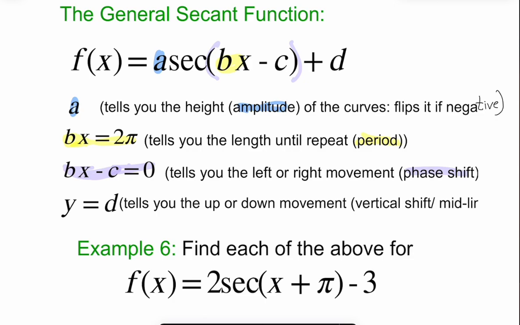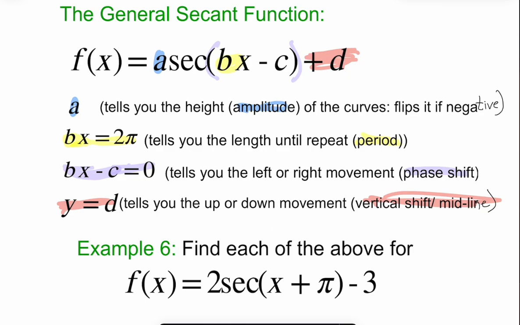And then there's still a middle of these going up, going down, going up, going down. The D value on the end there does still tell you where the midline is. Okay, so it is important that you still recall all of those things that we talked about before. All of those things still go together.